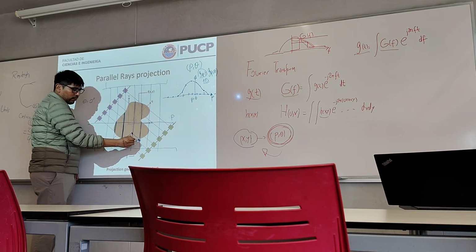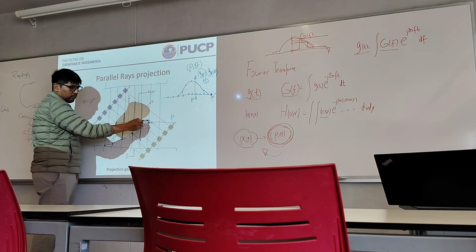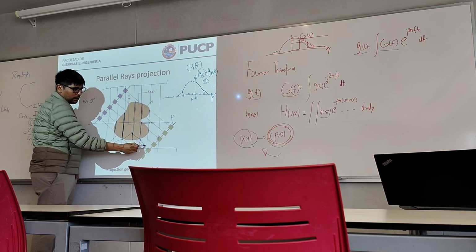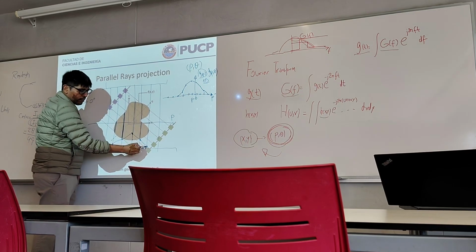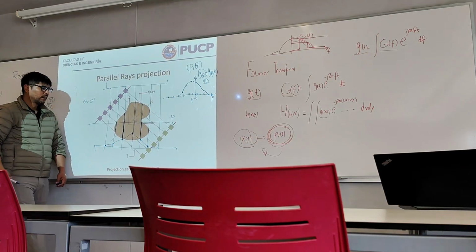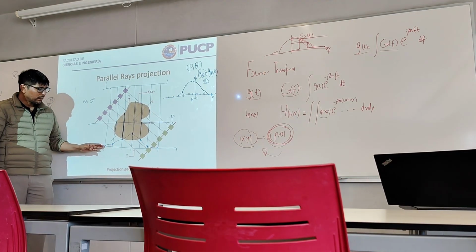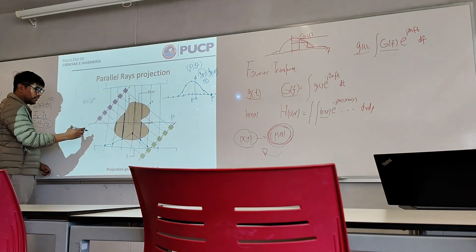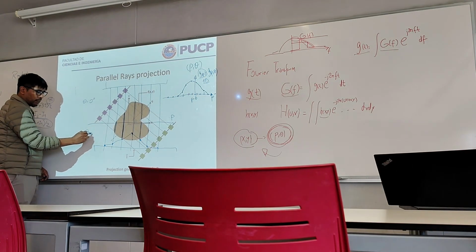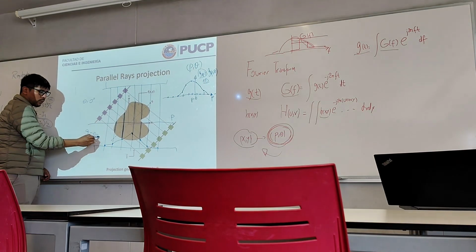Maybe a little bit less around here. And for the last part, almost nothing. So this 1D function will be G of P and theta, with theta in particular being 0 degrees.